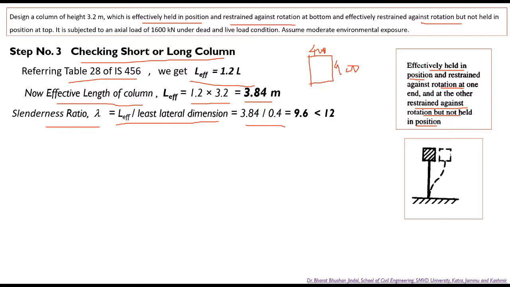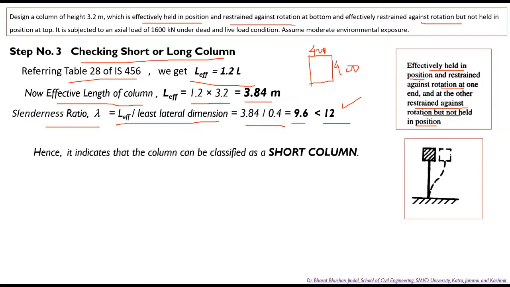After calculation it comes out to be 9.6, which is less than 12. So 12 was the condition for the short column. It is very clear that based on the data available and the dimension we have assumed, this column will be designed as a short column.